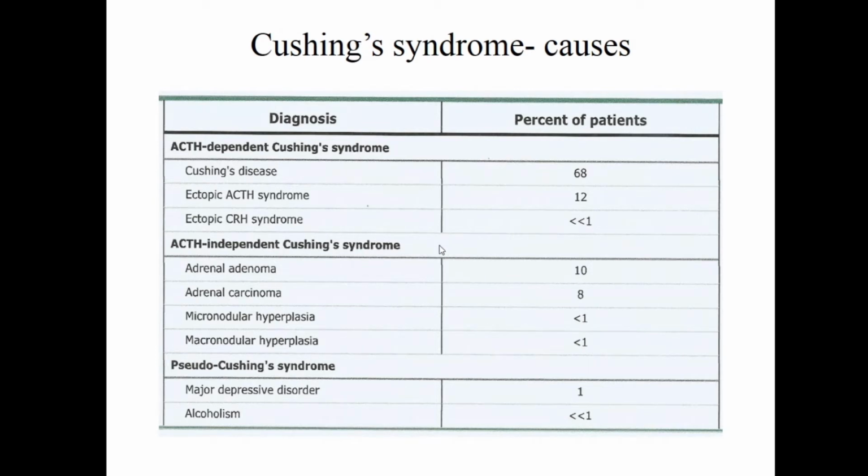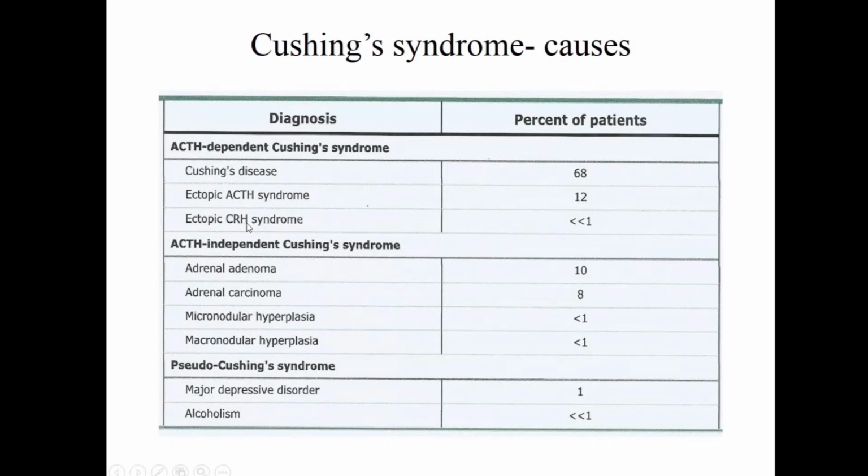Ectopic ACTH syndrome, that means for some reason, for example, the most common cause of ectopic ACTH syndrome is lung carcinoma. If you have lung CA, then you can have an increased ACTH from the tumor, and that is known as ectopic secretion. So you have ACTH high. Or at times you can again have ectopic corticotrophin releasing hormone.